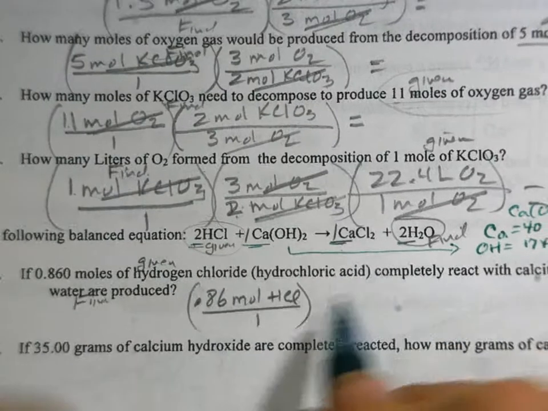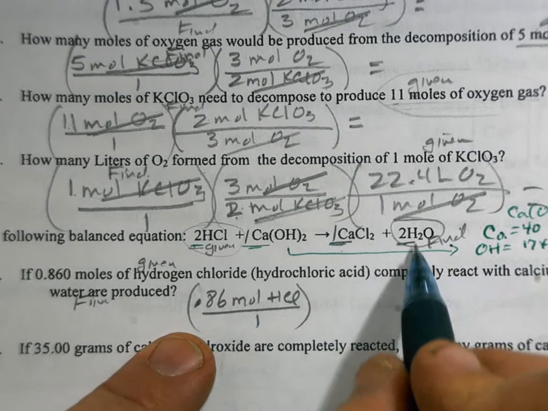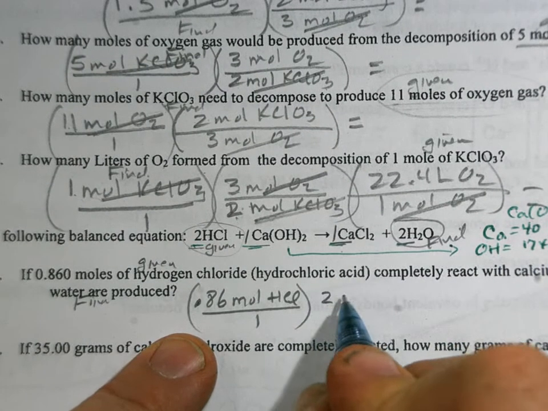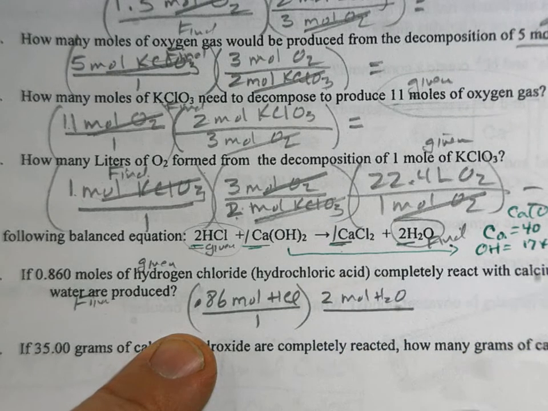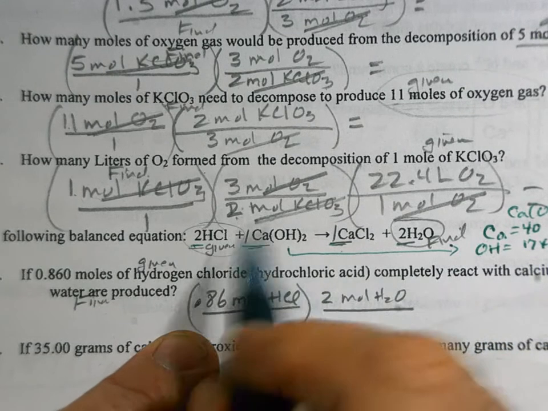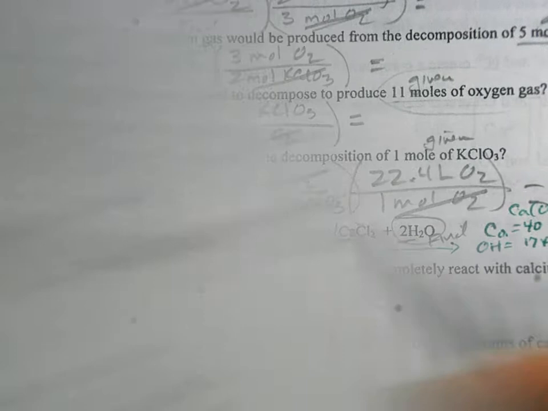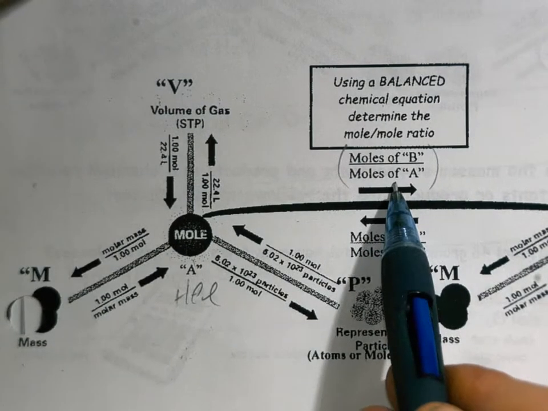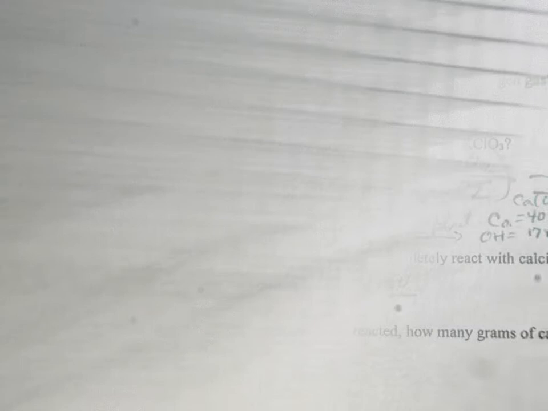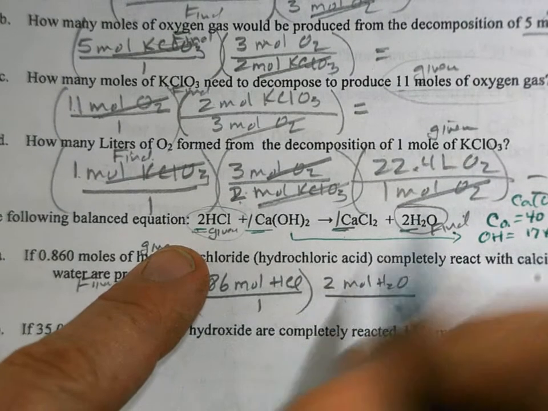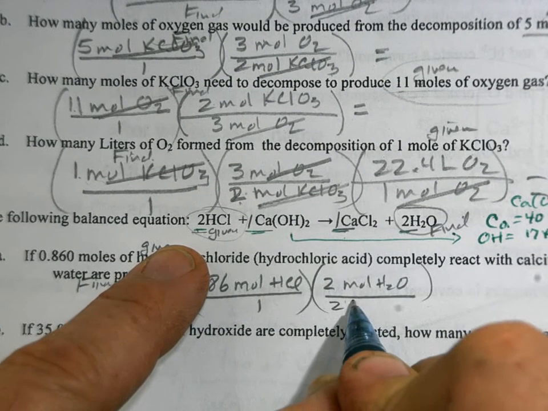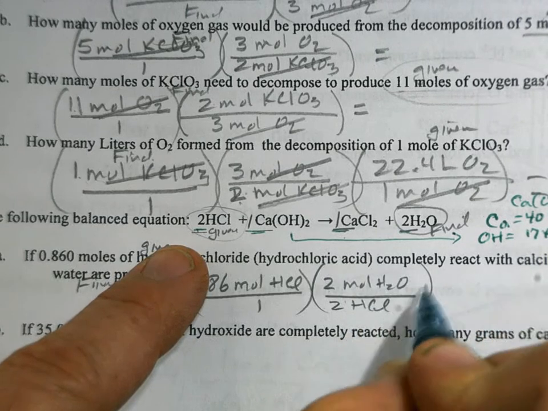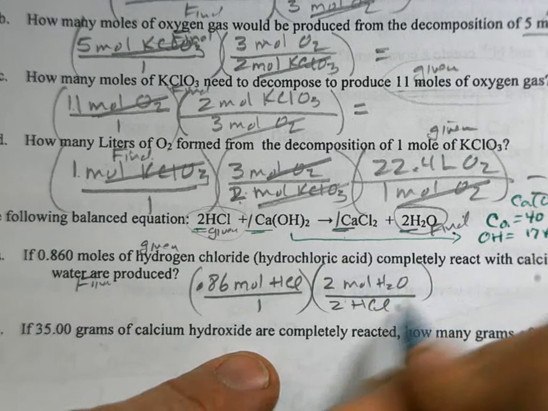From the balanced equation, we have 2 moles of H2O on the top. We divide that by the moles of compound A, the one we're starting with, moles of HCl, and there are 2 moles of HCl.